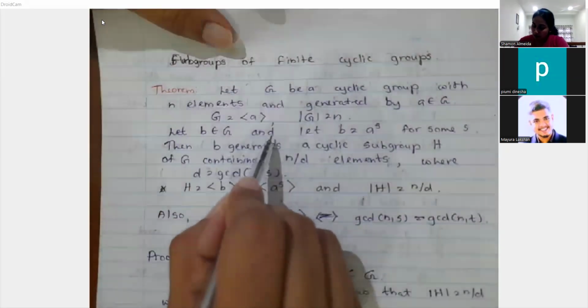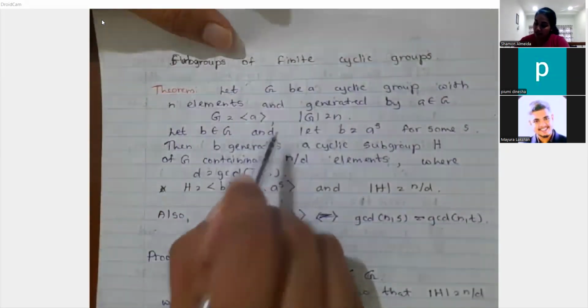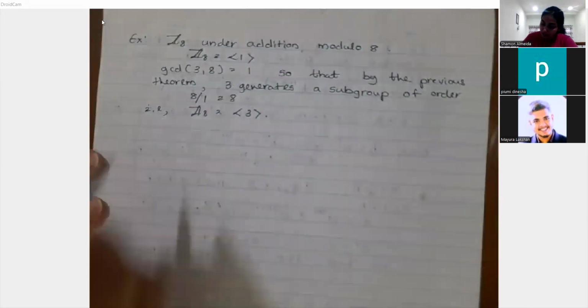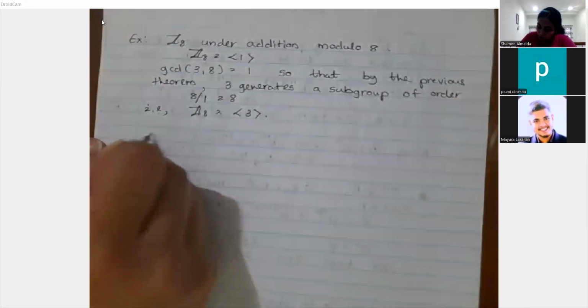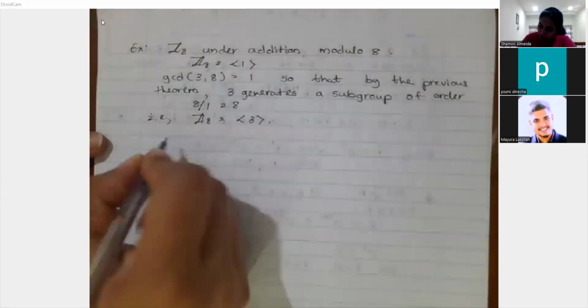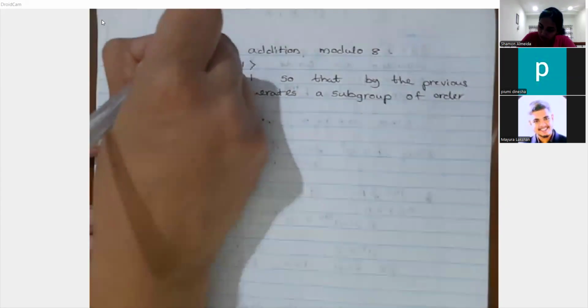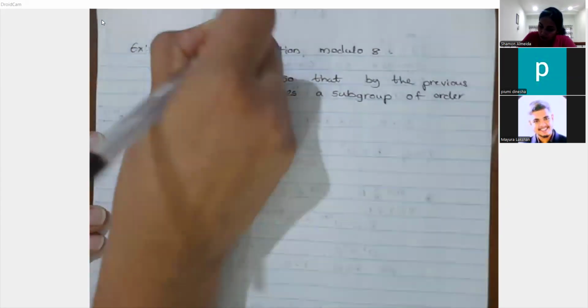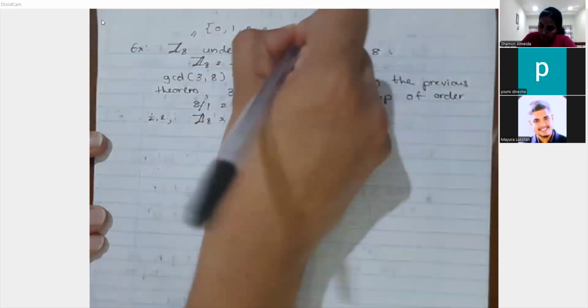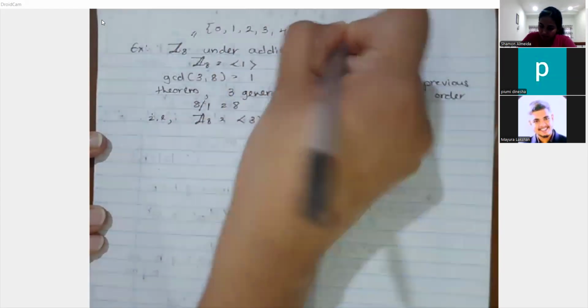So what are we doing? We are taking any element in G. We actually have picked 3. Why is that? If you look at this group, what are the elements in this? We've got 0, 1, 2, 3, 4, up to 7.